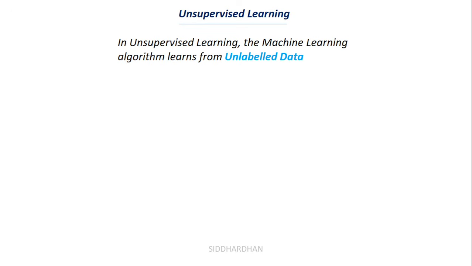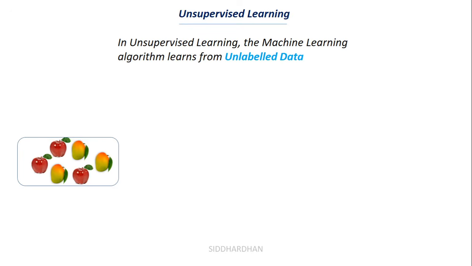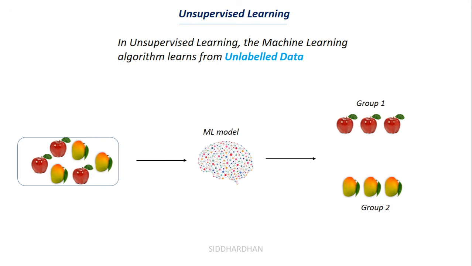Let's try to understand this with an example. We have several images of apples and mangoes, and once we feed this data to our machine learning model, it can group these images based on similar patterns. It can group the apples in one group and the mangoes in the second group.